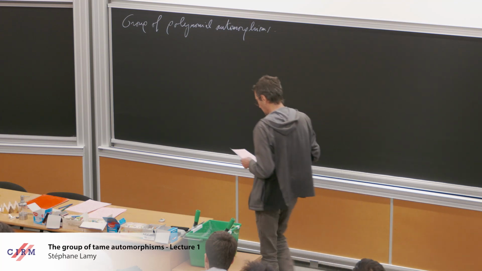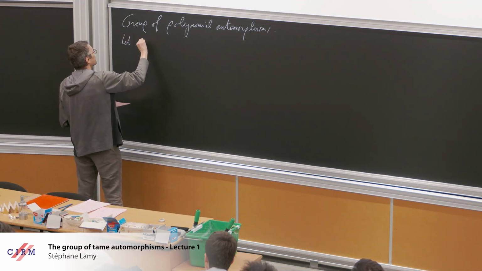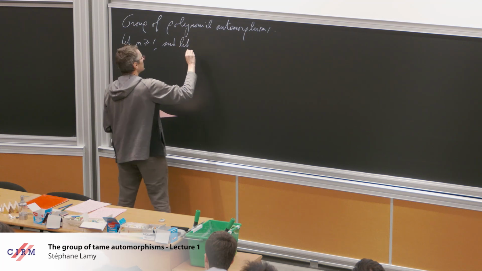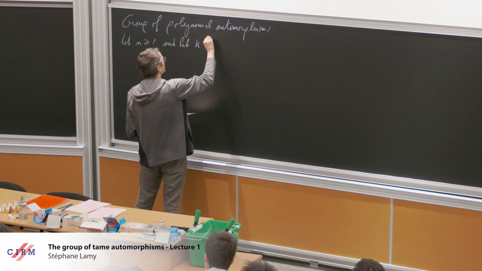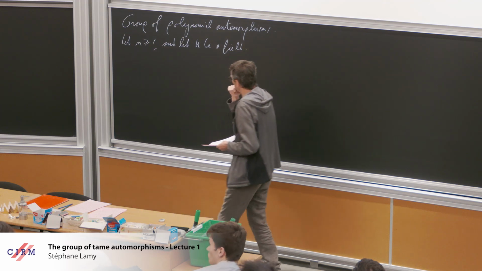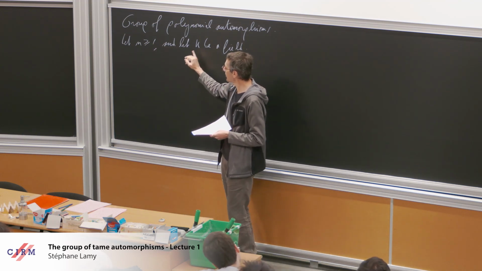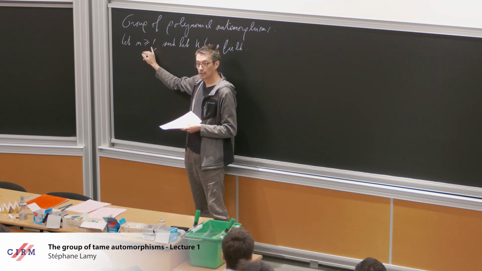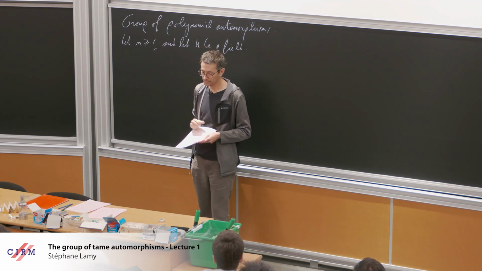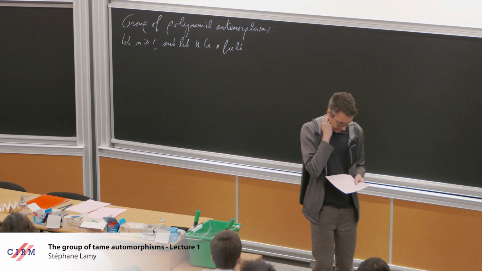So say the dimension is n, and k my base field. Later, maybe k will be characteristic 0, and I will mostly focus on n equals 3, and n equals 2 as a toy model. But for the moment, any dimension, any field.